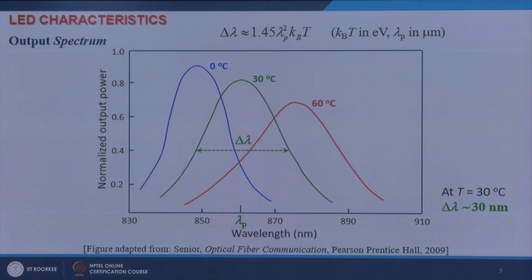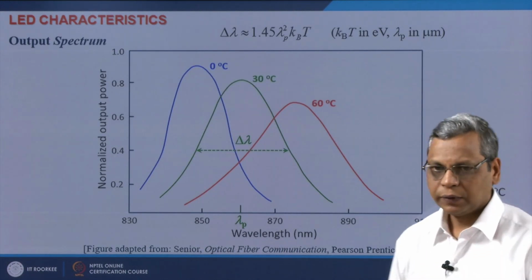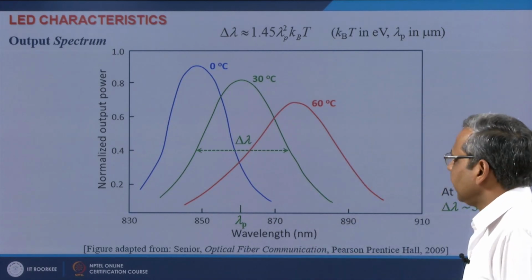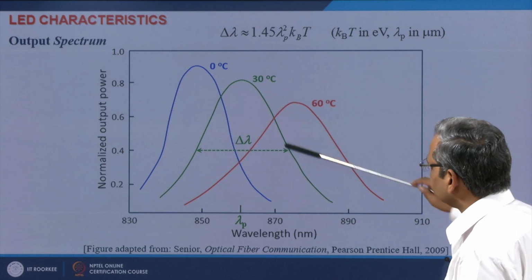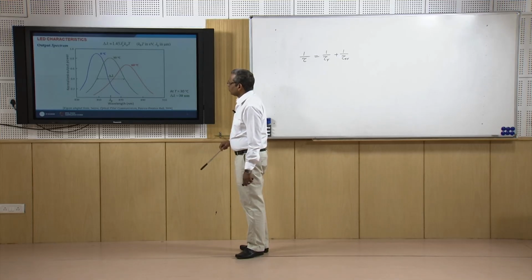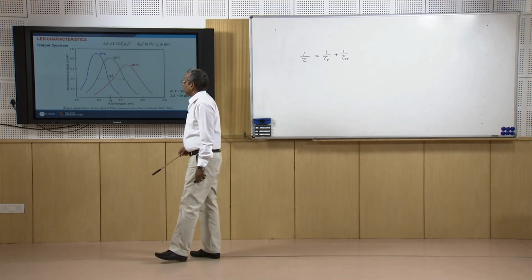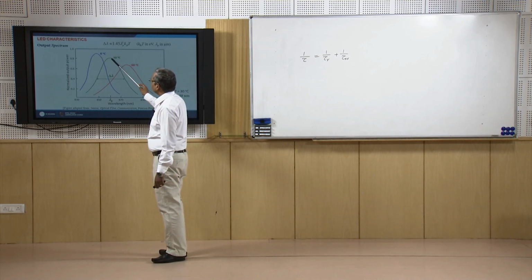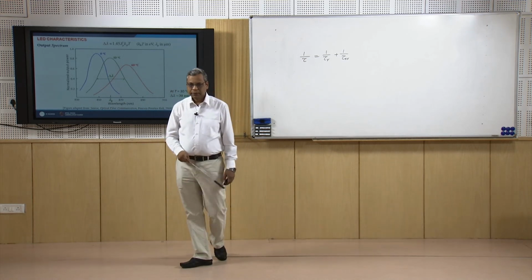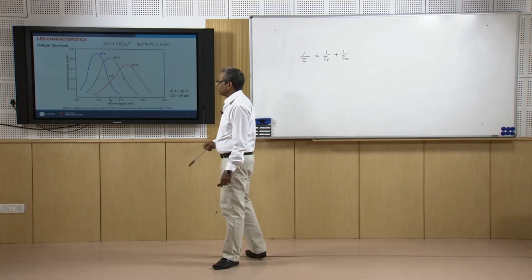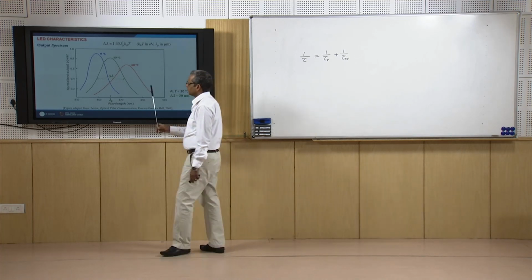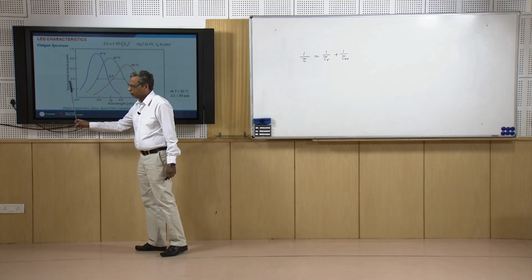If I look at the output spectrum of an LED, then I find that it occupies a certain spectral range. So although I say that it is an LED at 860 nanometer wavelength, it is not strictly an LED at 860 nanometers. It extends beyond this on either side.